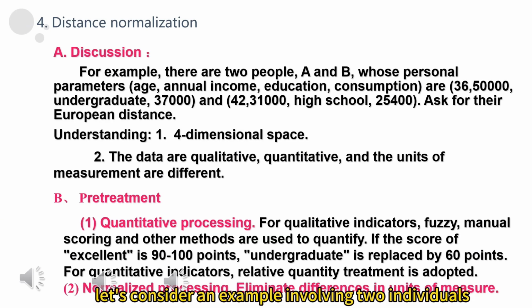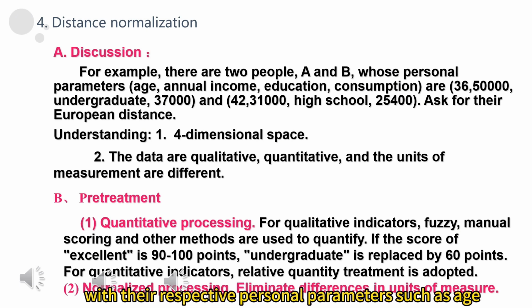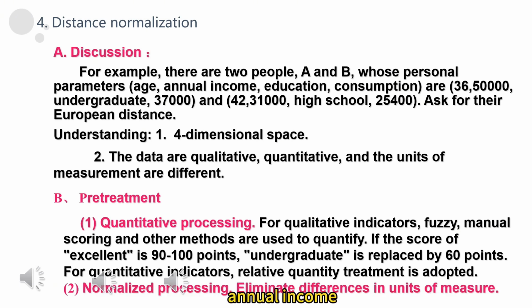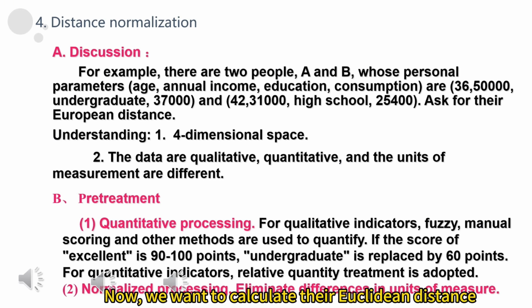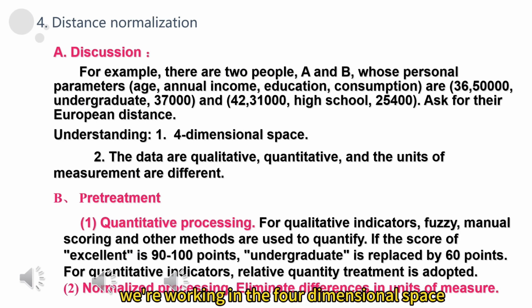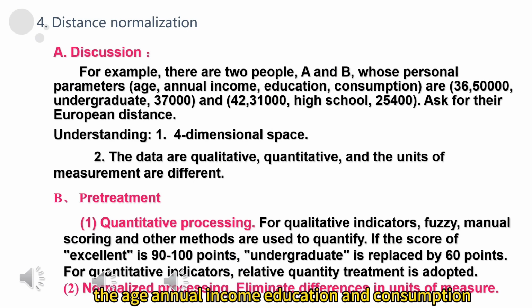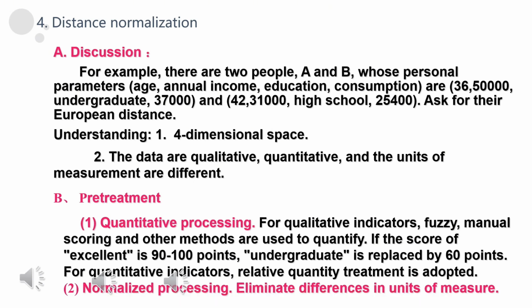Let's consider an example involving two individuals, A and B, with their respective personal parameters such as age, annual income, education, and consumption. Now, we want to calculate their Euclidean distance. To begin with, we're working in four-dimensional space since we have four parameters to consider: age, annual income, education, and consumption.